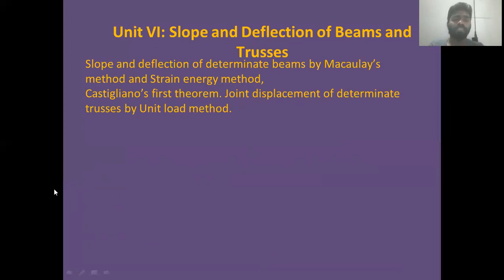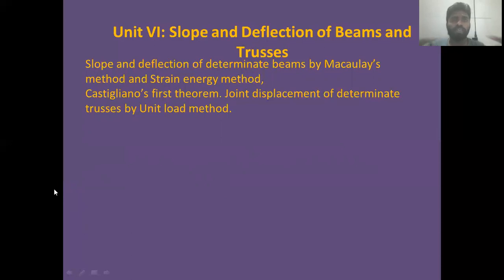What do you understand by slope, and what is deflection? These are two different concepts. Slope means, if bending is there, there is some slope. Slope means there is some line going; if we draw a tangent at any point, it will create a slope. So that is known as slope.